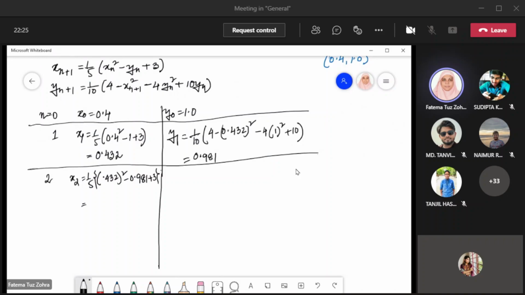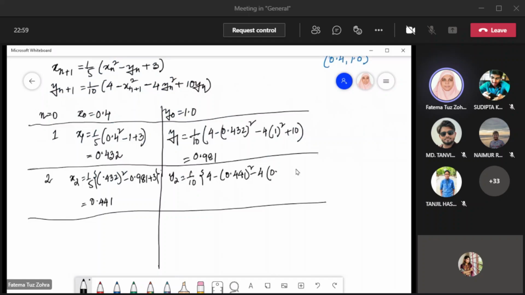The value is 0.441. y2 should be equal to 1/10 (4 − 0.441² − 4(0.981)² + 10(0.981)).